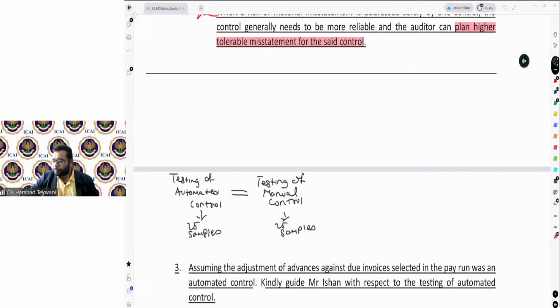Good, Purvi. Good, Janvi. Am I required to take 25 samples to test the automated control? Good, Purvi Ben. How many samples? Come on, guys. How many samples am I required to take to test the automated controls?